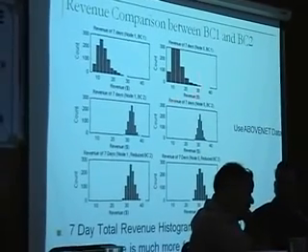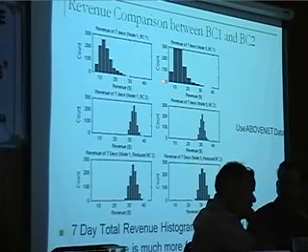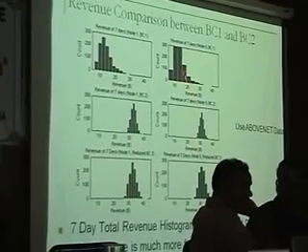So that's my revenue histogram for two specific nodes, some node 1 and node 5. Doesn't matter, it's just representative of two nodes. So that's the baseline scenario.